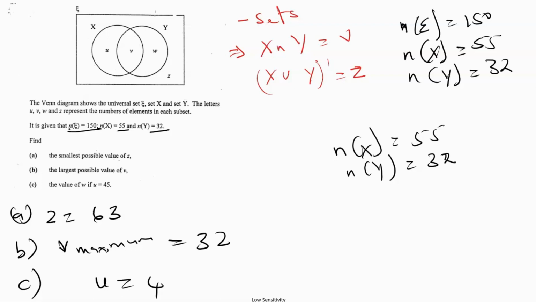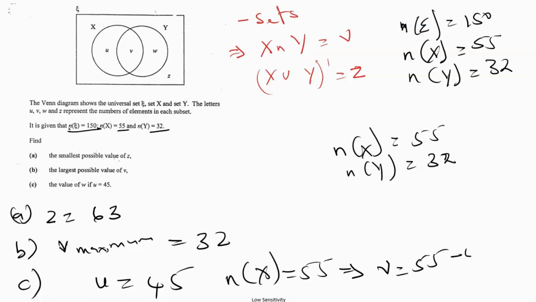If U equals 45, and we know that the number of elements of X is equal to 55, therefore we can know the value of V is going to be 55 minus 45, which is equal to 10. So we have V equals 10, but we know that n of Y is equal to 32.